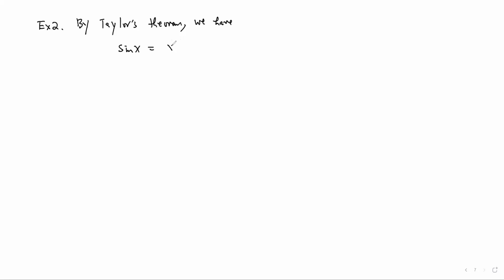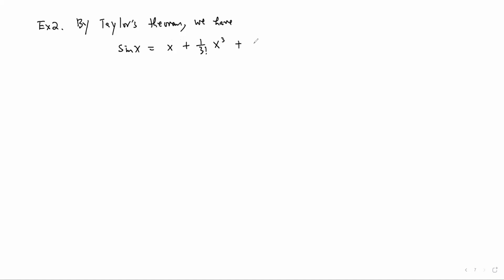The second term is x. The third term about 0 is 0. And the fourth term is this.